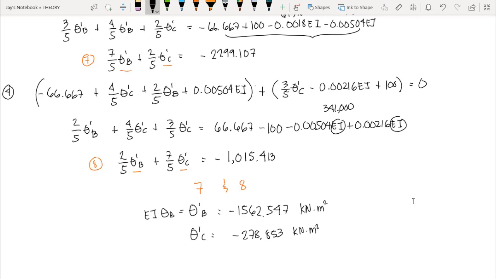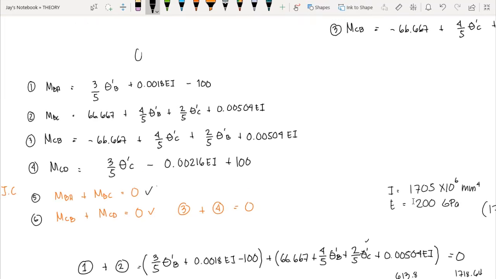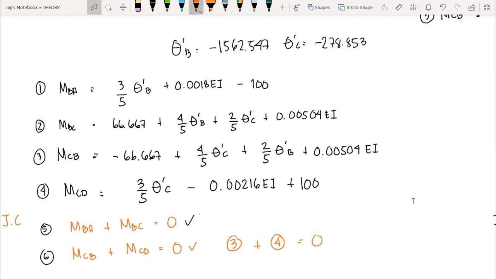So since we have now the value of theta prime B and theta prime C, we can now substitute the values, theta prime B equal to negative 1562.547 and theta prime C equal to negative 278.853. To compute for the member end moment, you just need to substitute the value of theta prime B and theta prime C.